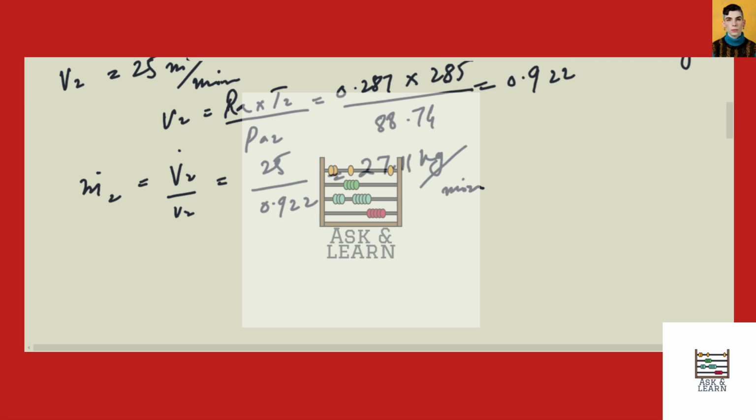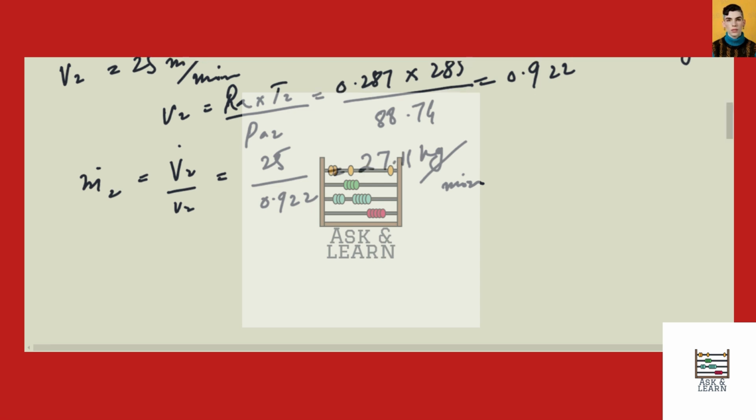So now we can use the mixing ratio to calculate the absolute humidity, that is W3, and the enthalpy.